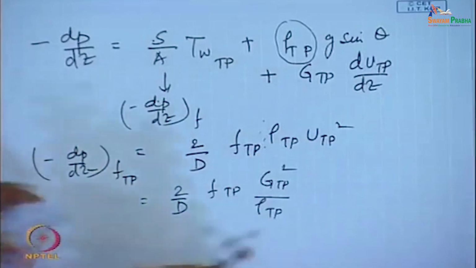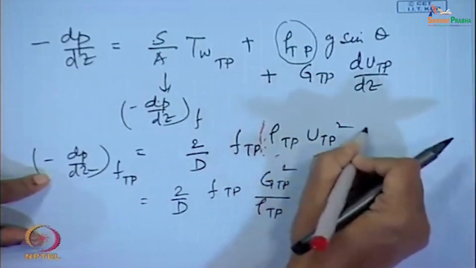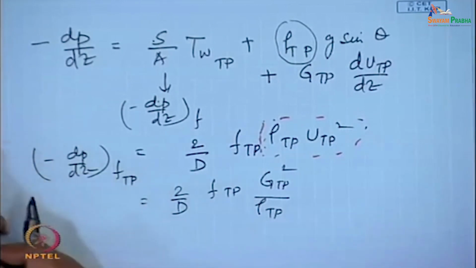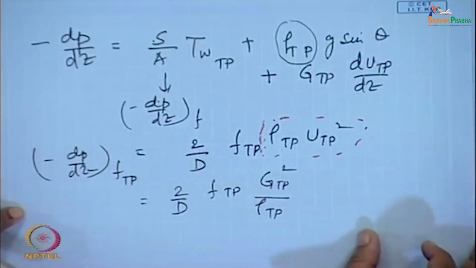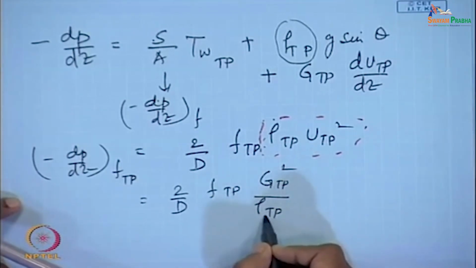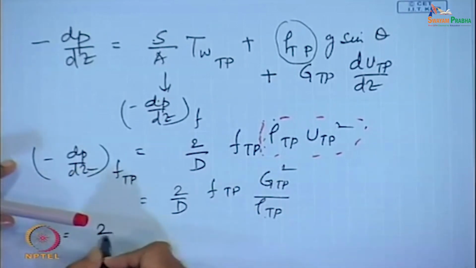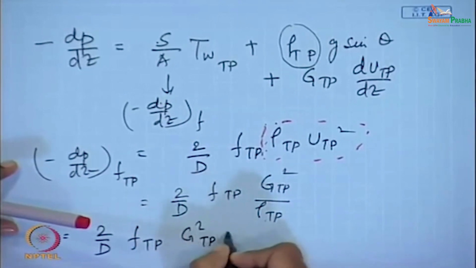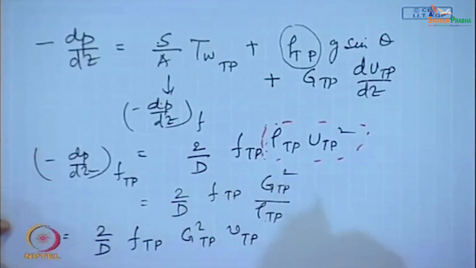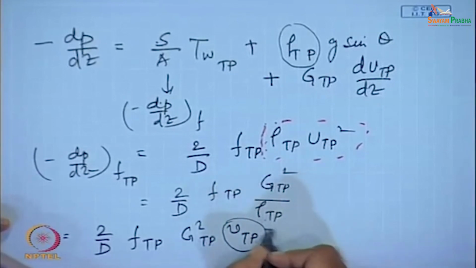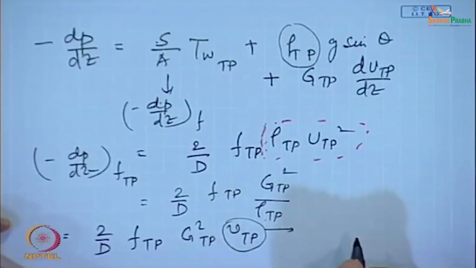We are replacing this with g square by rho T p. Now, as I had already mentioned previously, this 1 by rho T p can also be written down as 2 by d f T p g square, agreed, and this particular term can be defined in terms of quality.